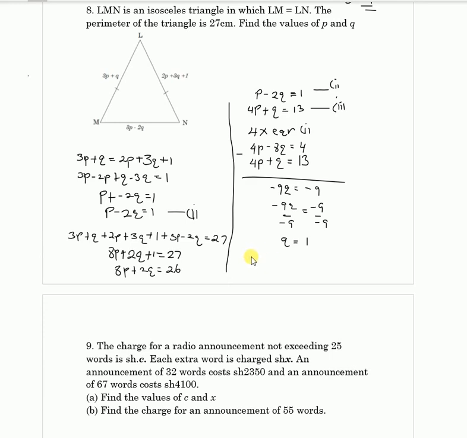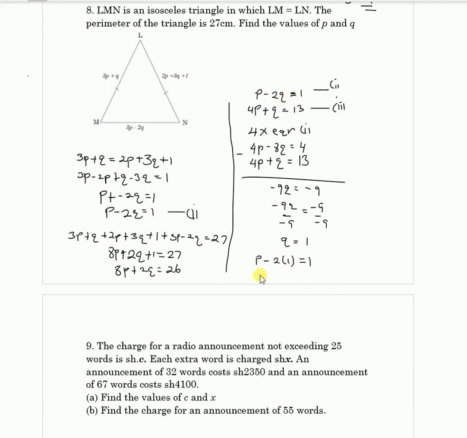Now we can use equation 1. I have that P minus 2 times Q is equal to 1. But what is Q? Q is 1.